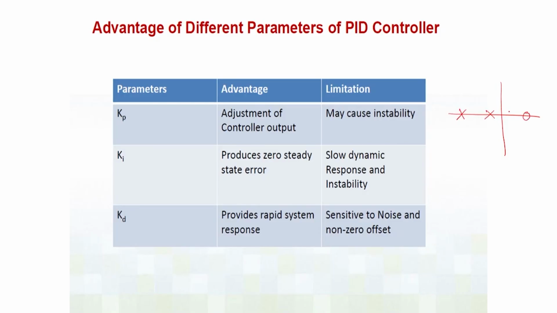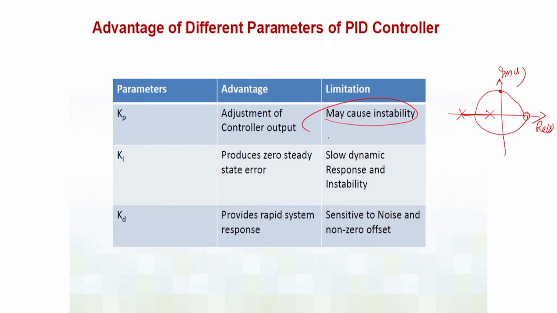Initially you are at this region. As you increase the gain, you will come towards this 0. The moment you cross this line, this is the imaginary axis of s, please keep in mind, and this is the real axis of s, with the higher gain you would become unstable. So, Kp has this problem; for some cases it may cause instability.